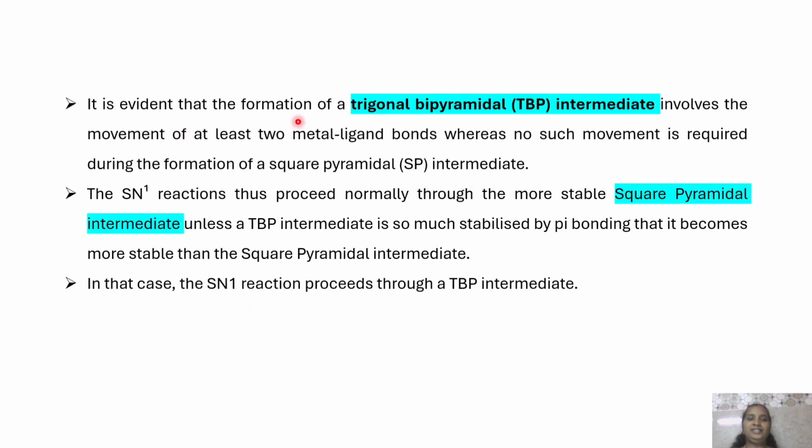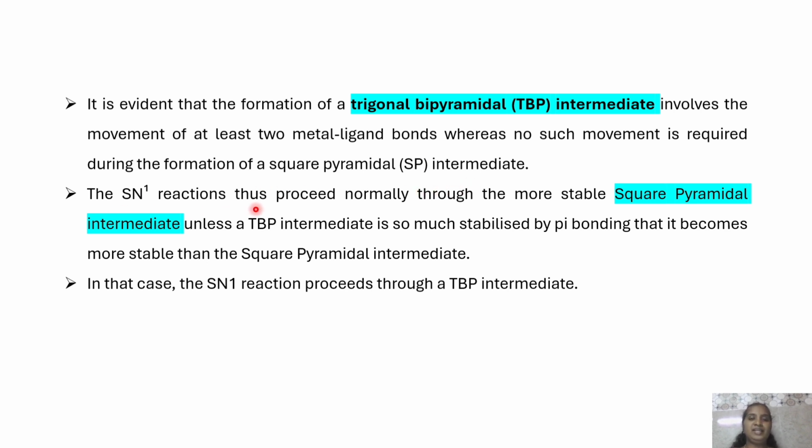It is evident that the formation of the trigonal bipyramidal intermediate involves the movement of two metal-ligand bonds, whereas no such movement is required for the formation of the square pyramidal intermediate.